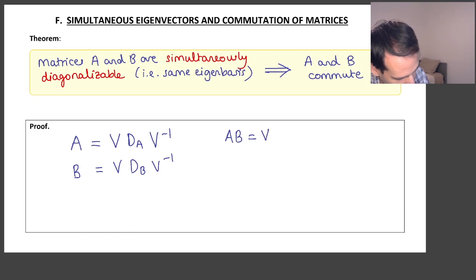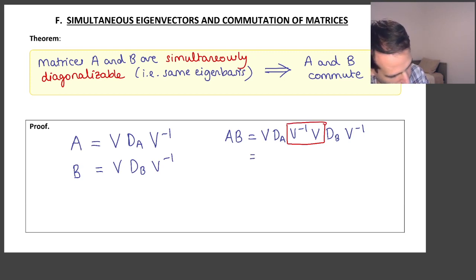So A is equal to V times the diagonal matrix dA times V minus 1, and B is equal to V times the diagonal matrix dB times V to the minus 1. Now we notice that V to the minus 1 times V cancel out. So we end up with V times dA times dB times V to the minus 1.